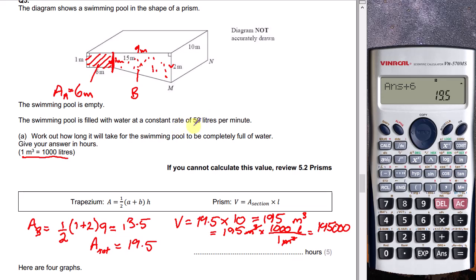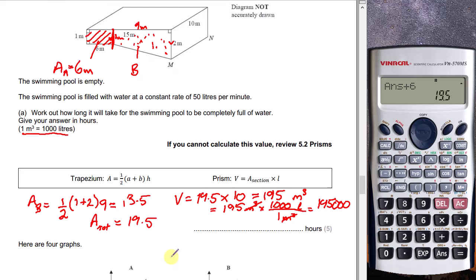50 litres per minute. So we need to convert that one into minutes. So that volume is 195,000 litres. I want to get rid of the litres to give me minutes. So we're going to divide by 50 litres per minute. That will tell me how many minutes.